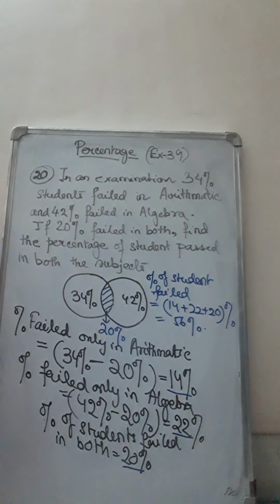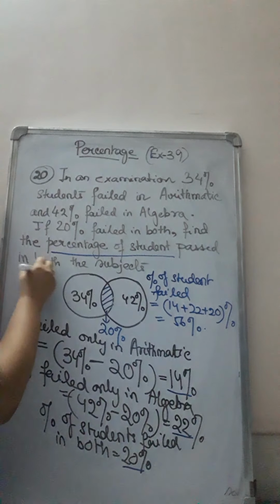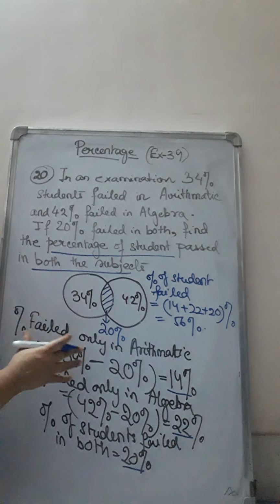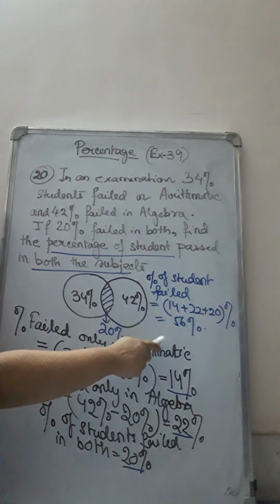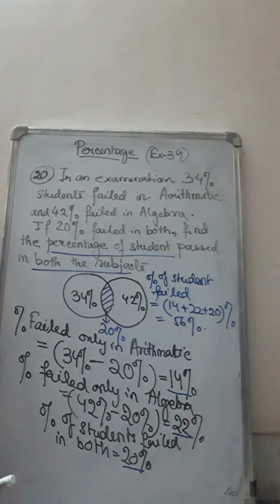So now we have to find what is the percentage of students who have passed in both the subject. That means if 100% is the total student, because totality is always known as 100%. From there, if I subtract the percentage who have failed, I will get the percentage of students passed in both the subject.